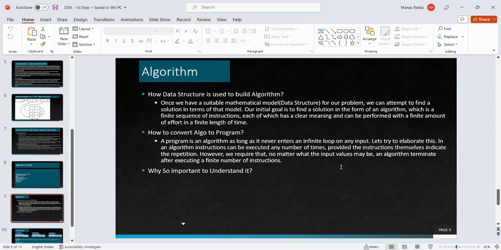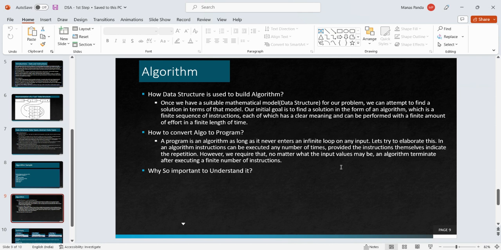The important part is that you should write a sequence of instructions, but it should not get into an infinite loop. It should come out of it, because the output has to be given to the file or the output device. That should be the main motto.